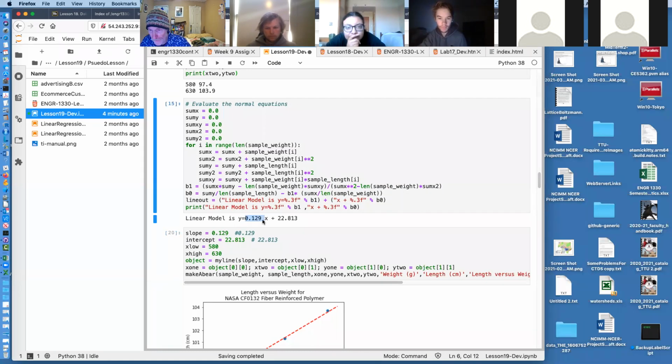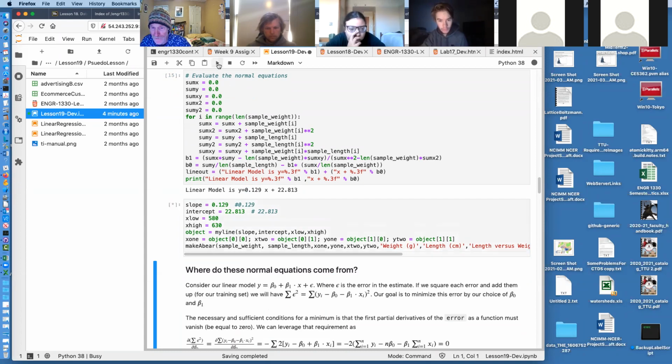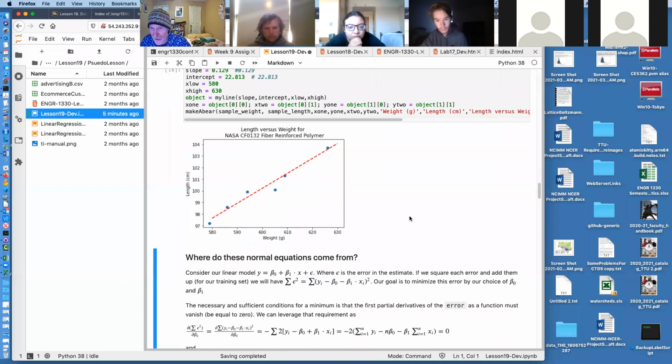Y is equal to 0.129 x plus an intercept of 22.813. Now let's watch what happens when we put that back into our myline function. We run that, and that is now our estimate of the linear model that best explains these blue dots. And what we have just done is applied ordinary least squares.